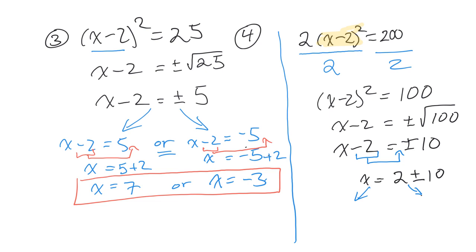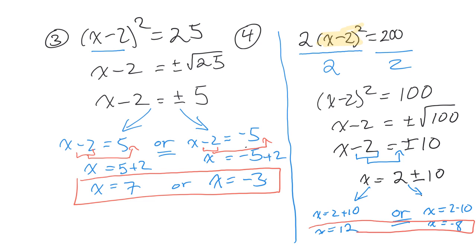And you'll write x is equal to 2 plus 10, which simplifies to x is equal to 12, or x is equal to 2 minus 10, which means x is equal to negative 8. So our solutions are x equals 12 or x equals negative 8.